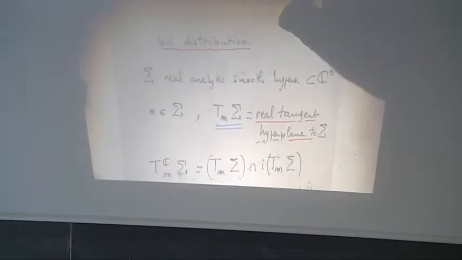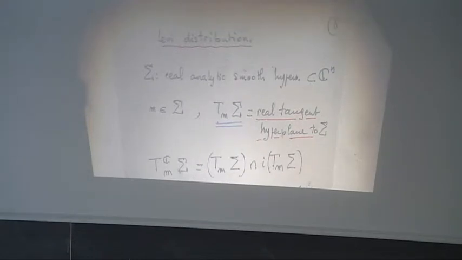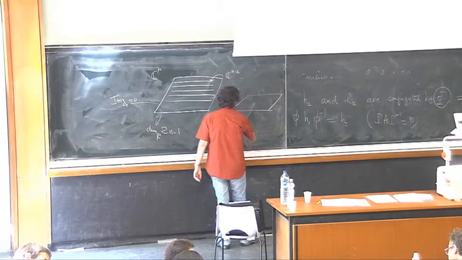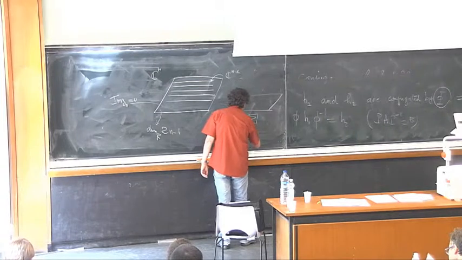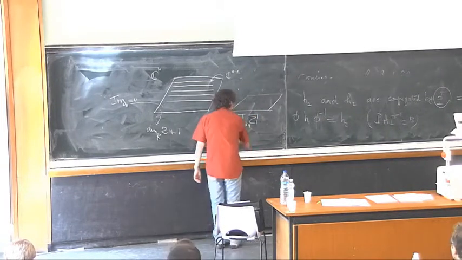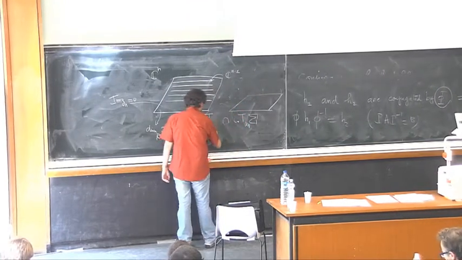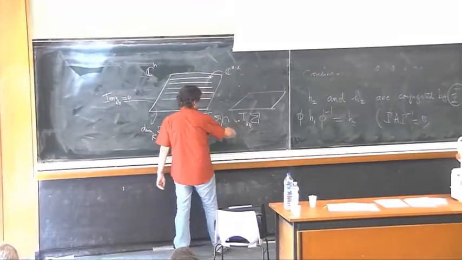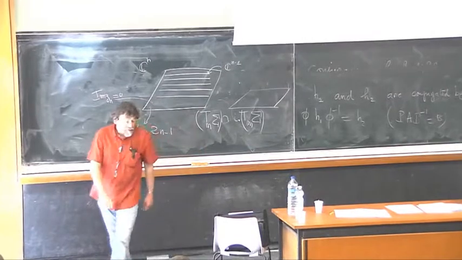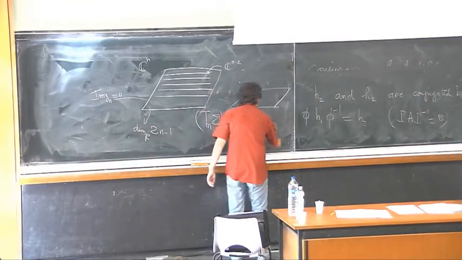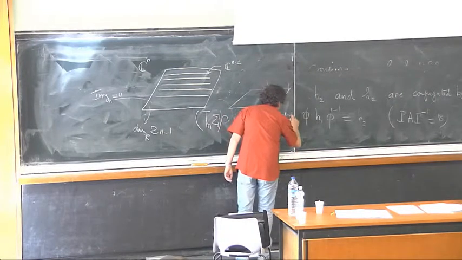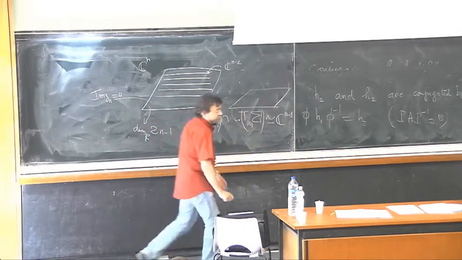I take the real tangent hyperplane to sigma, and I take the complex tangent hyperplane: you take the ordinary real tangent space, you take the multiplication by i, and you intersect them, and you have a complex vector space.